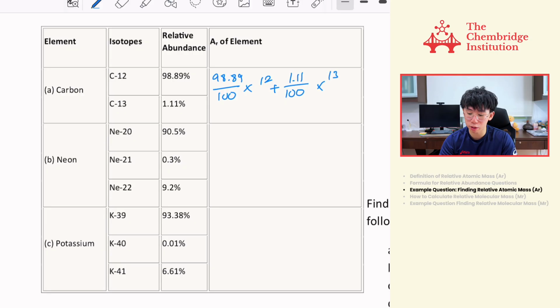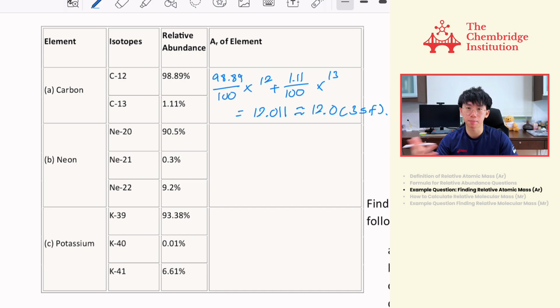If you add this all up together, you get a value of 12.011. For intermediate working, we usually leave it up to 4 or 5 significant figures, and then we convert it as a final answer to 3 significant figures. So the relative atomic mass is about 12.0.